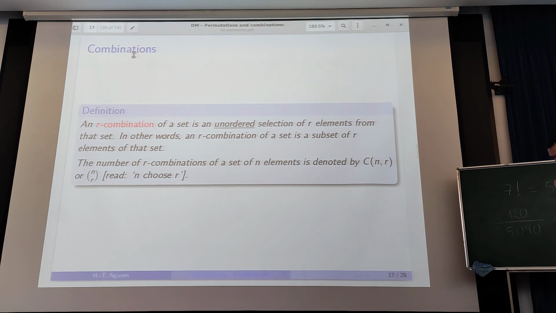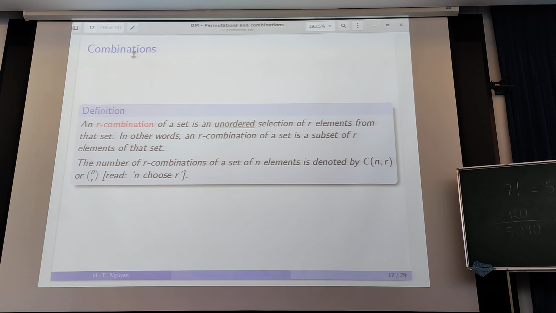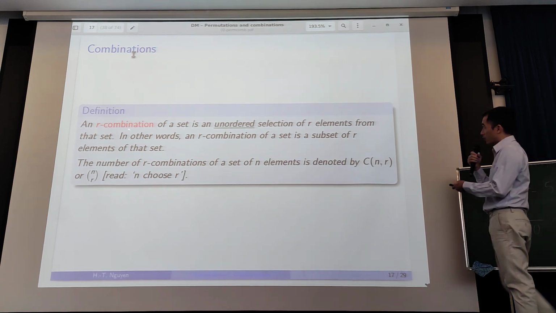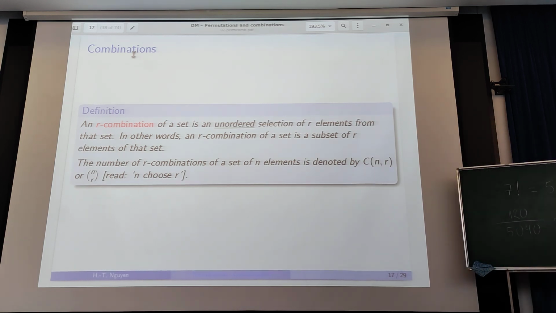Okay, so whenever we consider the number of choices in which the order doesn't matter, we talk about combinations. So in set terminology, you can consider an r-combination of a set of n elements as a subset of r elements of that set.